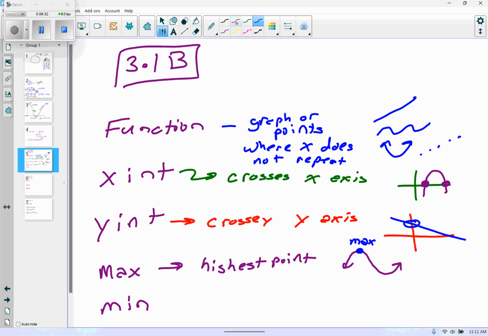If I wanted to have the minimum, that is the lowest point. And with our particular graph, this would be the min. Now, with the arrows at the ends, certain things are taking place, but right now we're talking about local mins and local maxes.